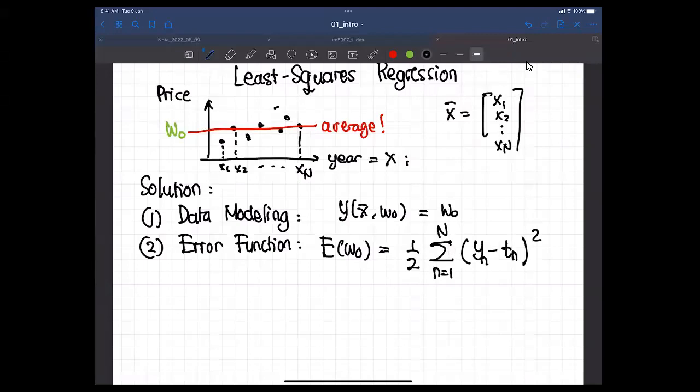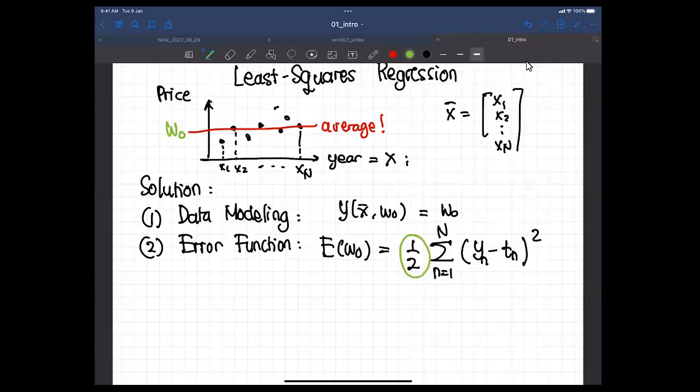Now the question is, why do I need to have the half? Why do I need to have 1 over 2? Exactly. Later on in the optimization, it will be cancelled out. It doesn't really matter whether you have 1 over 2 or not. It's just for convenience. I will show you this.